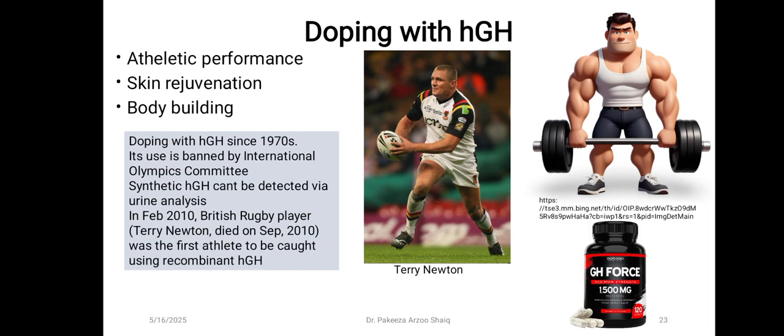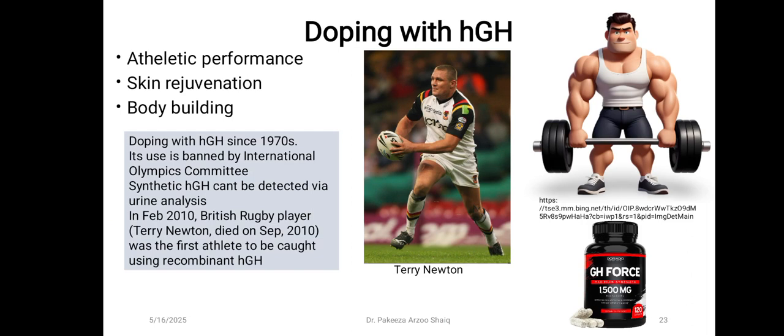And let me tell you a very important and interesting incident related to it, back in 2010. Doping with human growth hormone is not new. It has been in use since the 1970s. But later, when it was identified, it was banned by the International Olympics Committee.